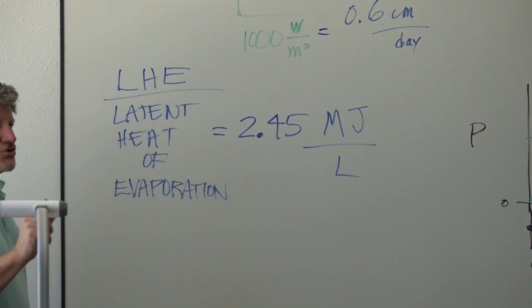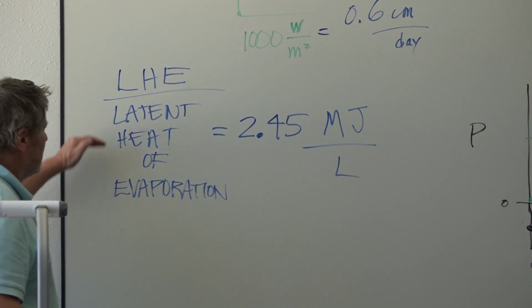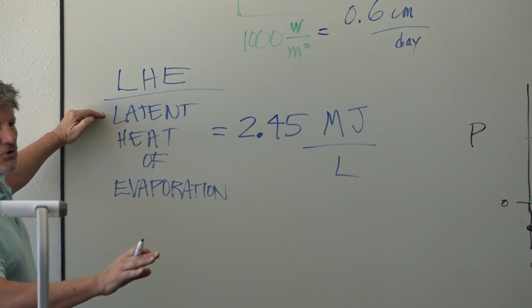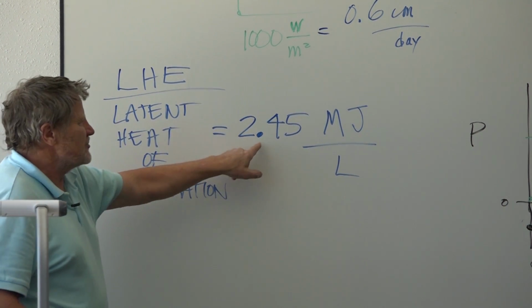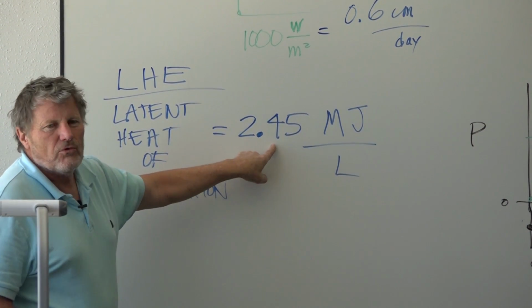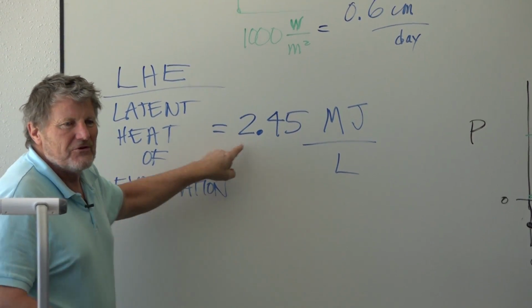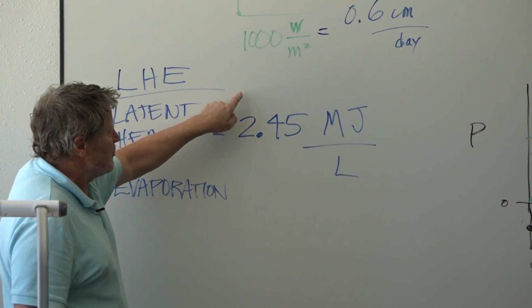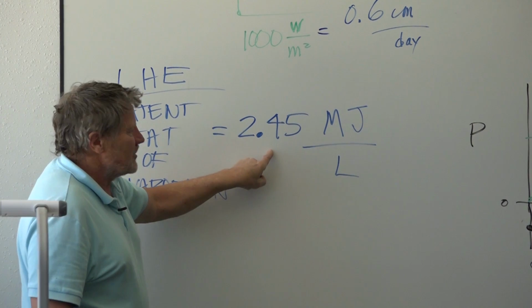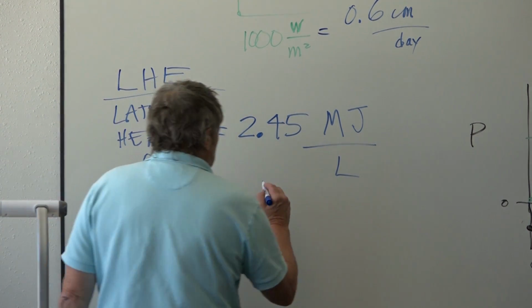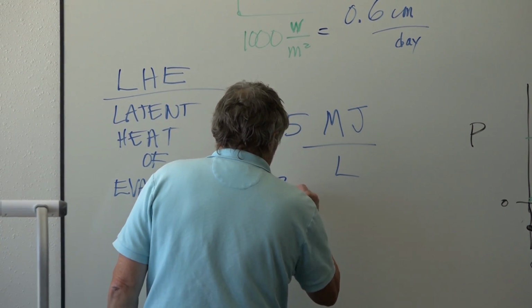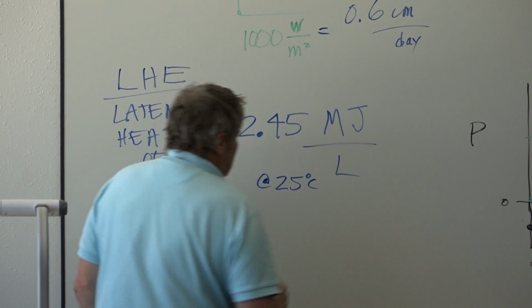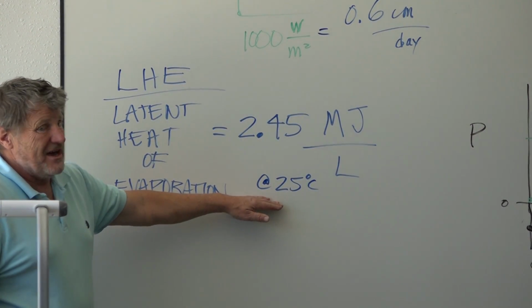Now this is close to a constant. If the water's almost boiling, this is something like 2.41. And if the water's freezing, it's something like 2.49. But it's 2.45 megajoules per liter at 25 degrees C. And really this temperature doesn't matter that much.